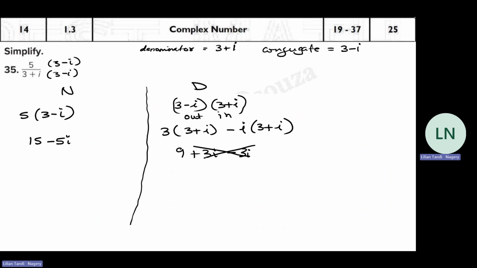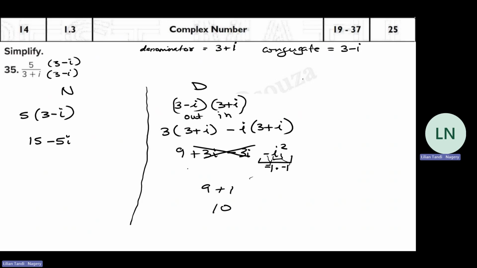That becomes 0. And then this should be -i squared. So this will change to be -1 times -1, which is +1. So 9 plus 1. How do I know? Because this -1 is for here, and this -1 is for i squared. So my answer here is 10.